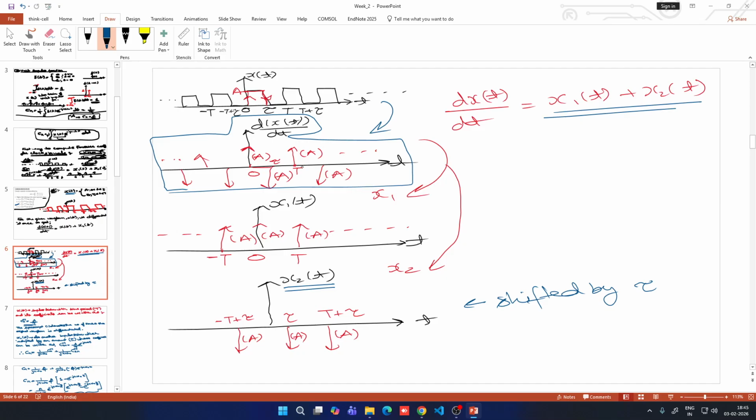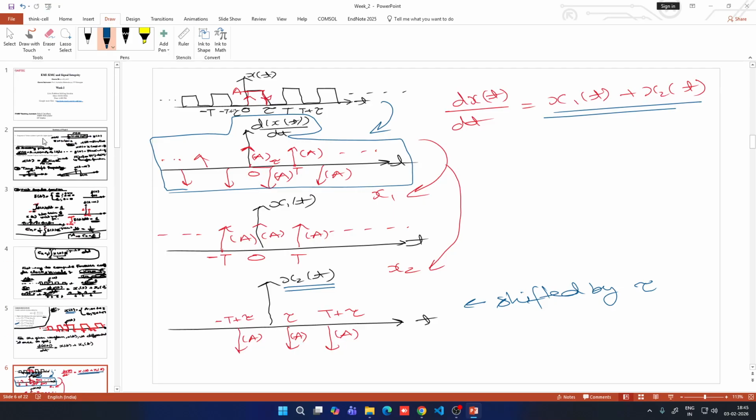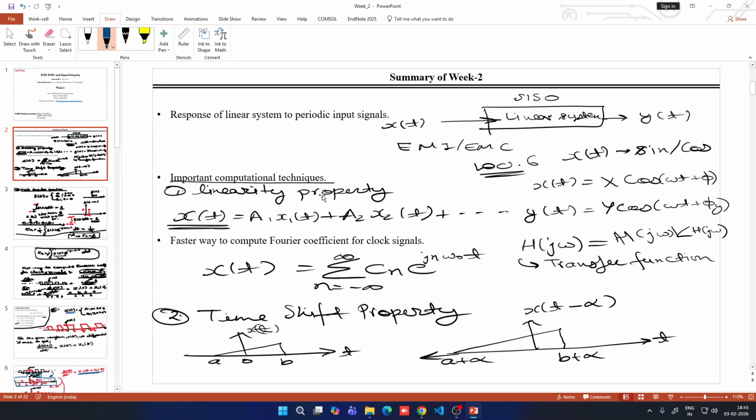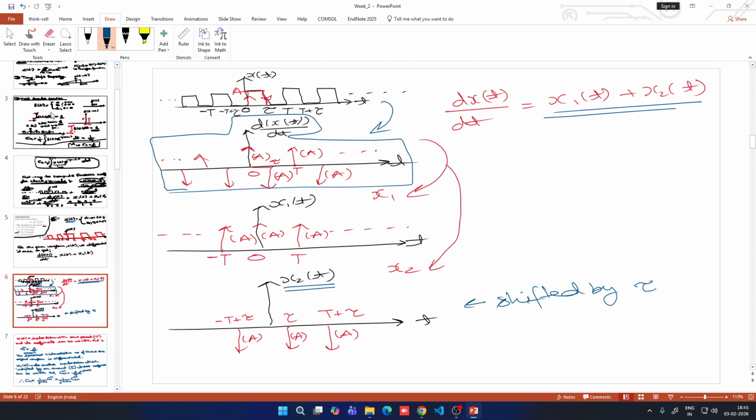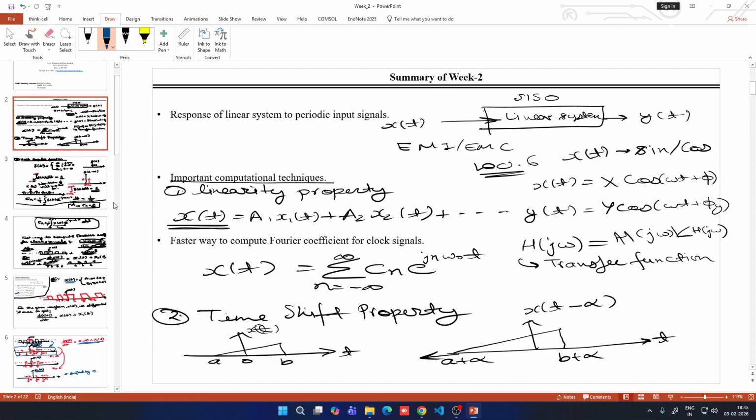Yes. And then I divided it using one property in signals and systems called the linearity property. Any periodic signal can be decomposed into a summation of two different signals. The same thing I have done here using the linearity property.